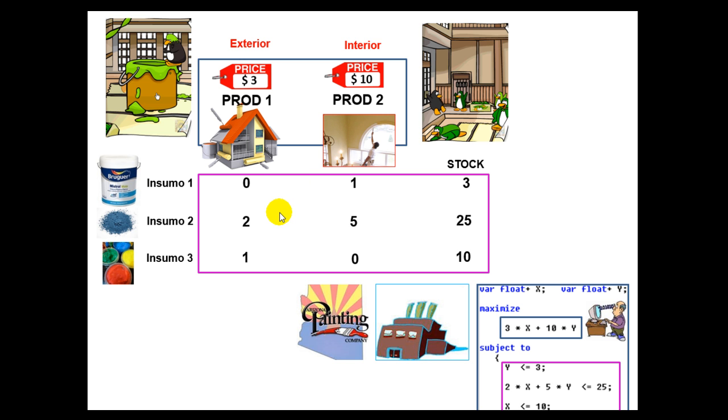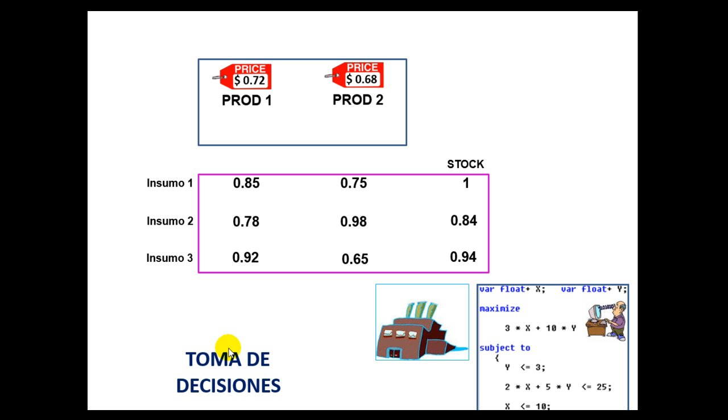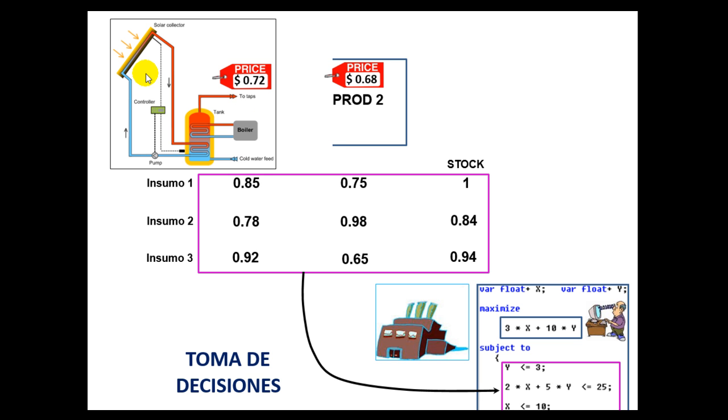The case of decision making is similar, but the approach is different. In this case, you have one product that is, for example, solar panel, and you have here another product which is photovoltaic cells.